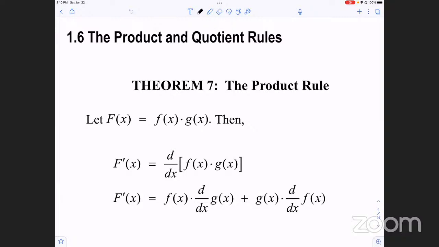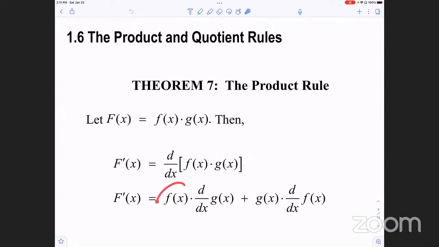The product rule: let f of x be f of x times g of x, so we have the product of two functions. Then f prime is the derivative with respect to x of the product of those functions, d by dx of f times g. The product rule basically goes: the first times the derivative of the second plus the second times the derivative of the first.